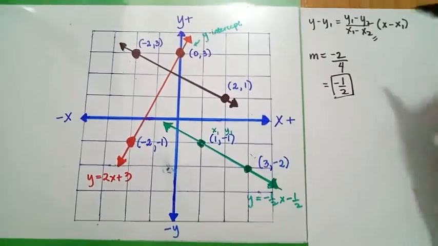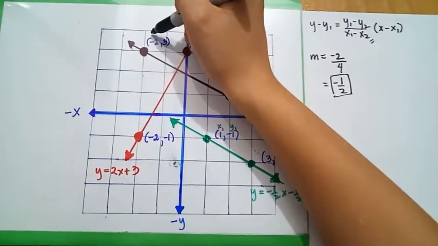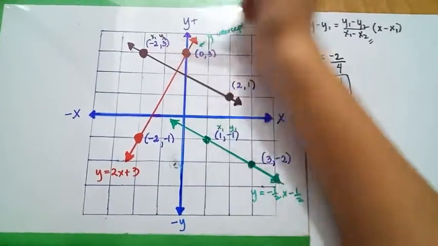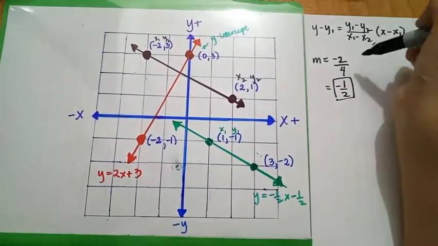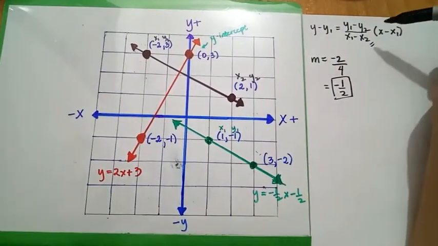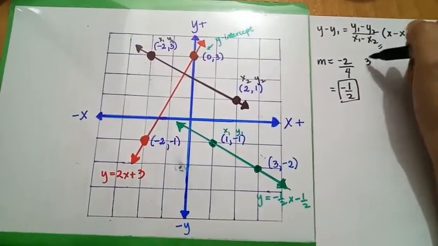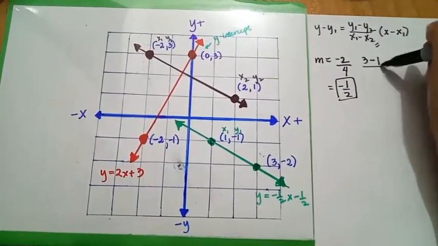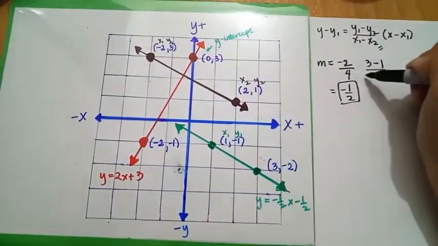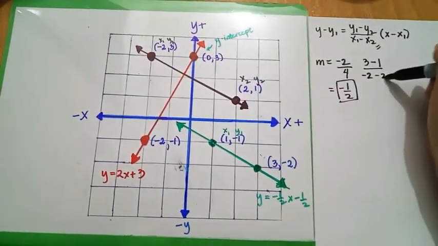Okay? So if you're not sure again, use the formula y sub 1. If this is your x sub 1, y sub 1. This is your x sub 2, y sub 2. Your x sub 1 is -2, your y sub 1 is 3. So write 3 minus y sub 2 is 1 over -2, x sub 1 yun, minus 2.